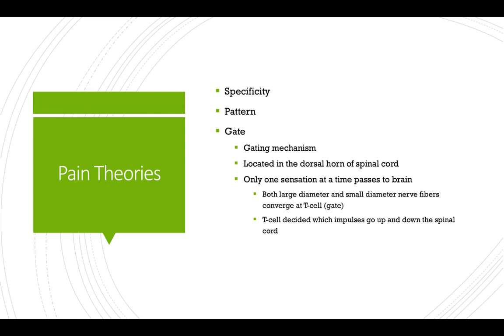And the T cell is what decides which impulse is going to go up the spinal cord. This is the one that is going to build up all of our other theories, and it's going to really set us up for understanding how we can control pain with various modalities.